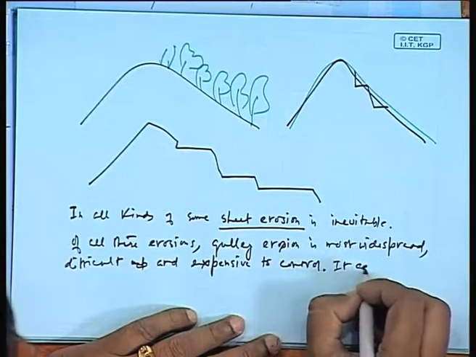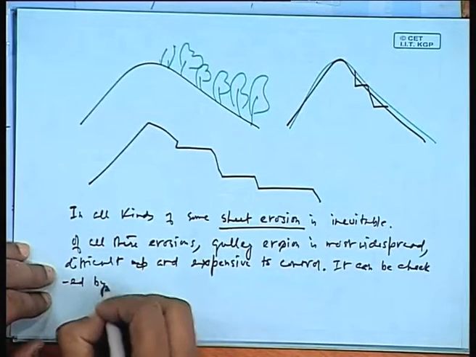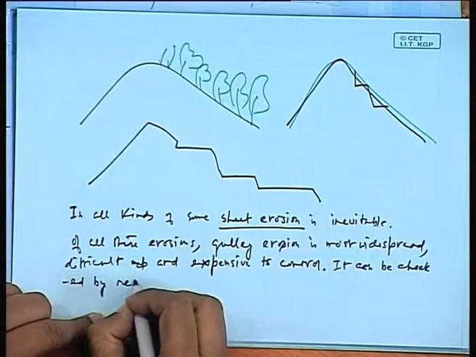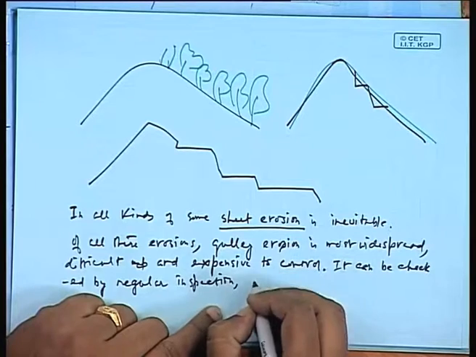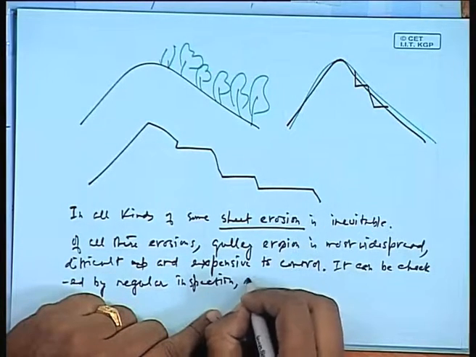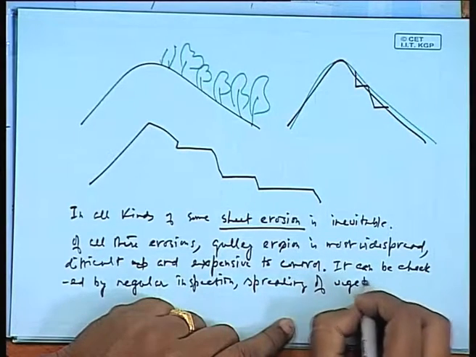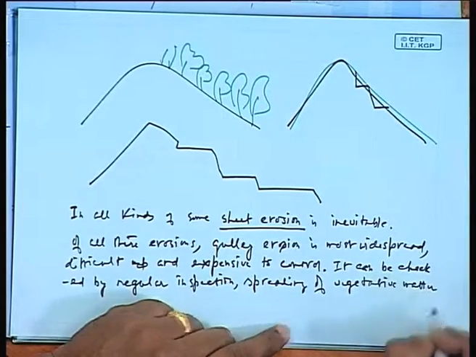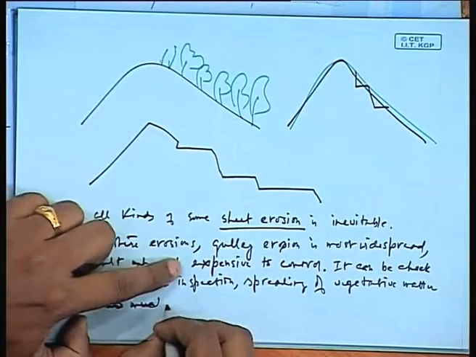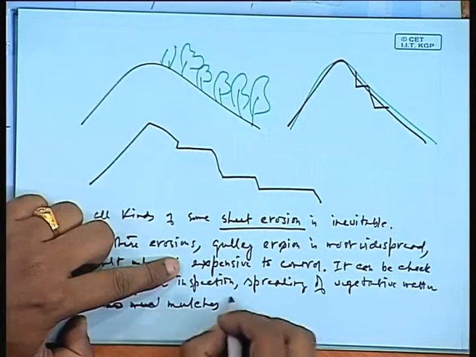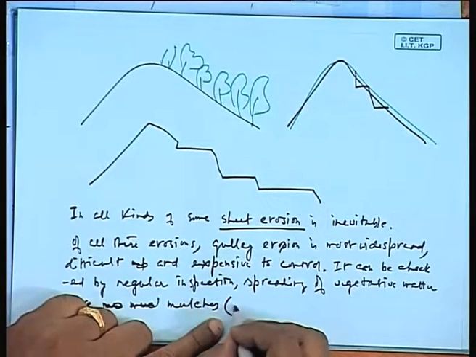It can be checked by regular inspection, and by spreading vegetative matter like mulches. The mulches are mostly the cut hays.